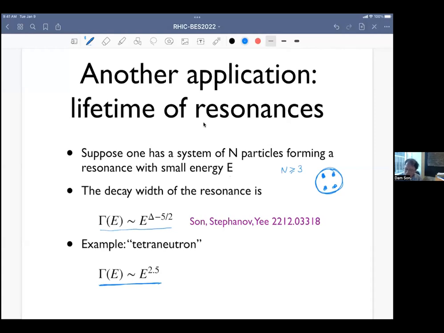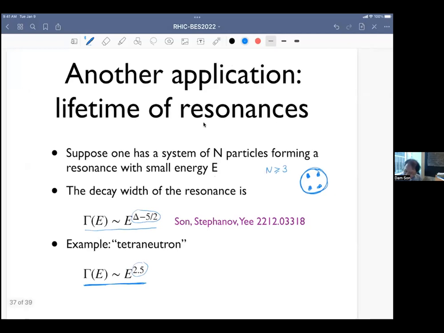If we manage to change the energy of that object by changing the nuclear forces, the dependence of the width on the energy should be E to the power of 2/5, where this power again is delta minus pi-half, with delta the dimension of the operator that corresponds to this object.